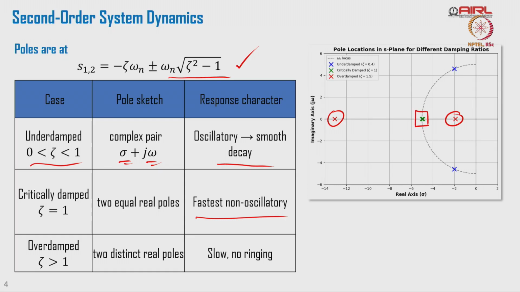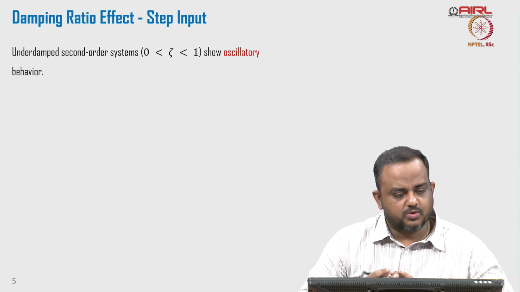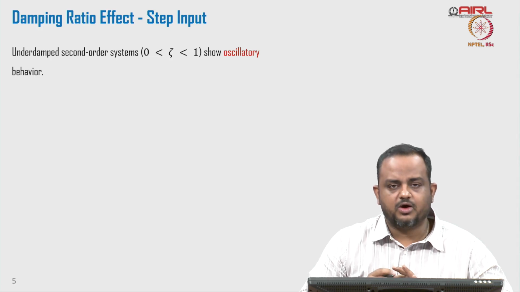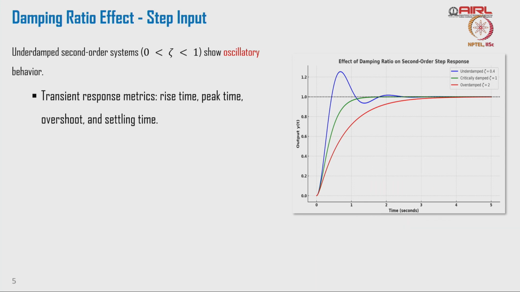And these are the poles for the underdamped scenario. Okay, fine. Now, how the damping ratio actually works in the system and how it governs the oscillatory behavior, we will check. So when we have an underdamped system, where zeta is between 0 and 1, we see that the response will be something like this blue curve, right? This one.